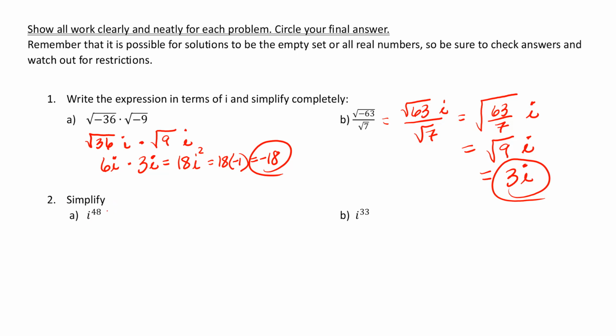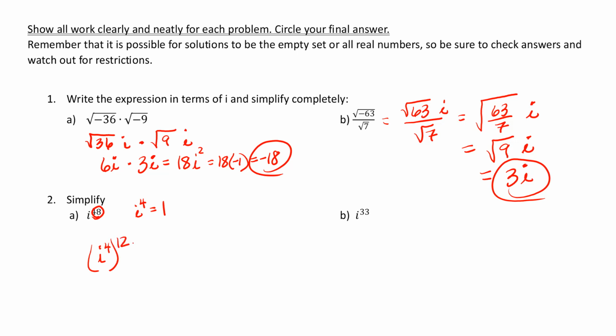i to the 48th: you look at the power on i, and since i to the 4th is equal to 1, every time you have an i to the 4th, you're multiplying by 1. So since 4 is a factor of 48, we can write this as i to the 4th to the 12th power.